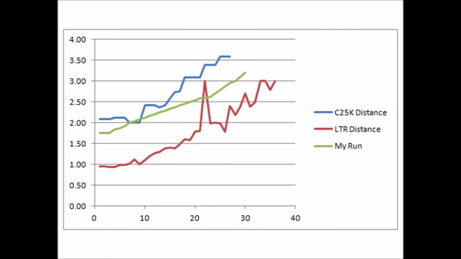Anyway, let's get into looking at the difference between these two programs. So for this comparison, I basically took the time intervals that you're supposed to walk and the time intervals that you're supposed to run, and I figured out distance based on an average walking speed of 3.5 miles an hour and an average running speed of 6 miles an hour.